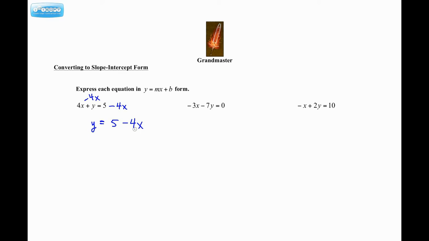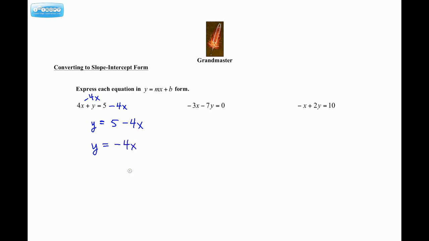Even though these terms are written in a different order, I can clearly see now that this is the slope and that's the y-intercept. But just for fun, let's write it precisely in mx plus b form. You can change the position as long as you don't change the sign. This is negative 4x, so I have to keep that negative.